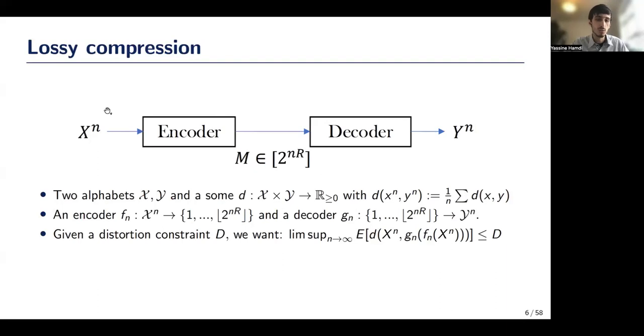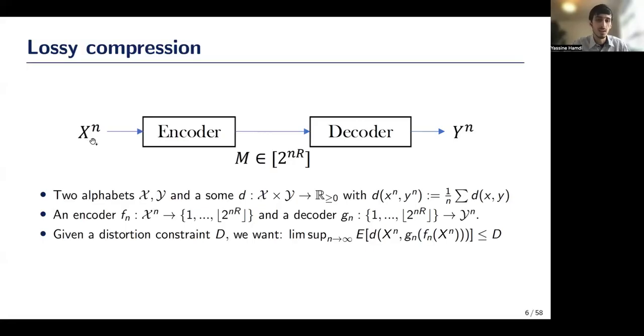Otherwise, think about it: you compress an image into bits, then you open the file. If you get an image that is very, very different from the original, then you will not be satisfied. So the distortion is there to measure how close the reconstruction y^n is to the original x^n.